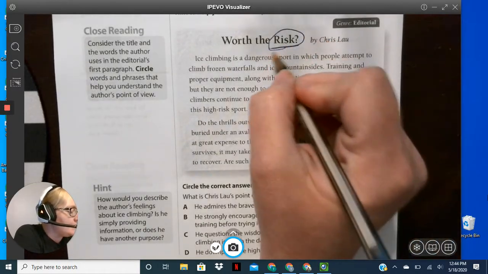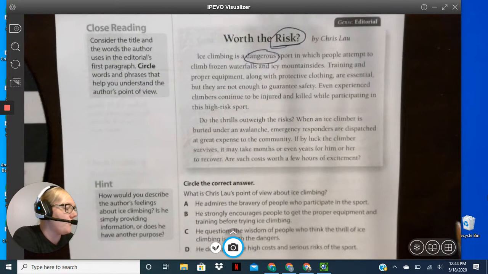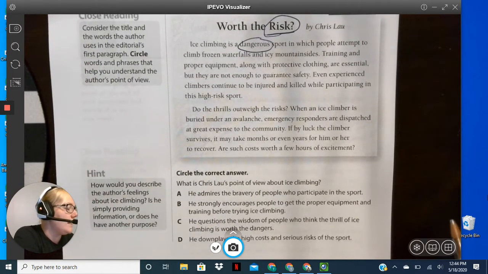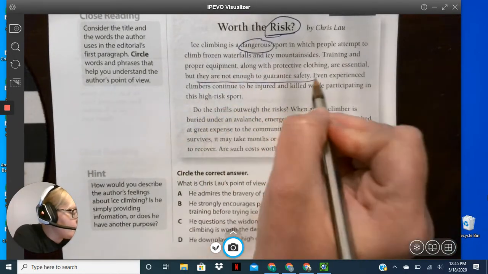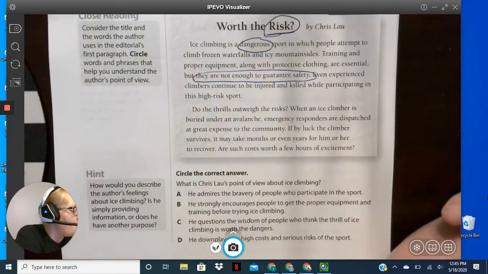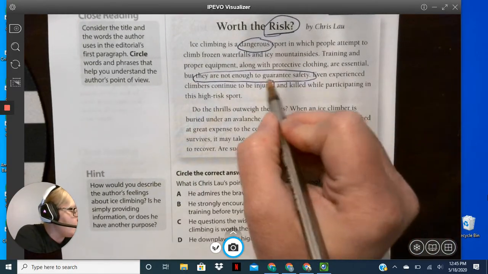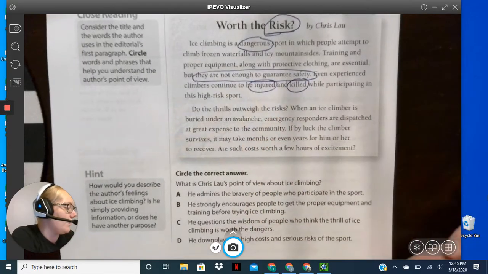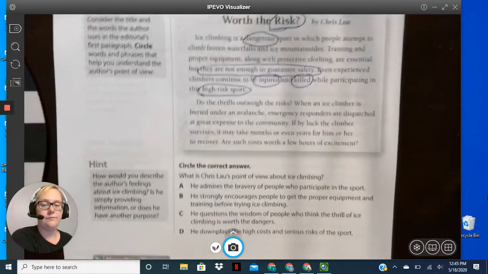Ice climbing is a dangerous sport in which people attempt to climb frozen waterfalls and icy mountainsides. Training and proper equipment, along with protective clothing, are essential, but they are not enough to guarantee safety. Even experienced climbers continue to be injured and killed while participating in this high-risk sport.